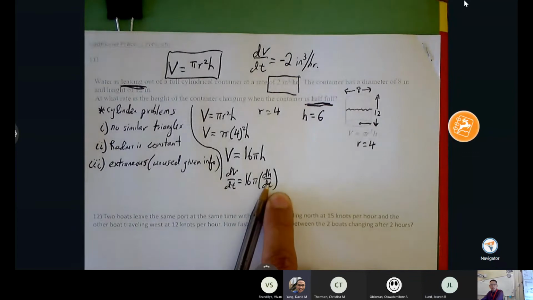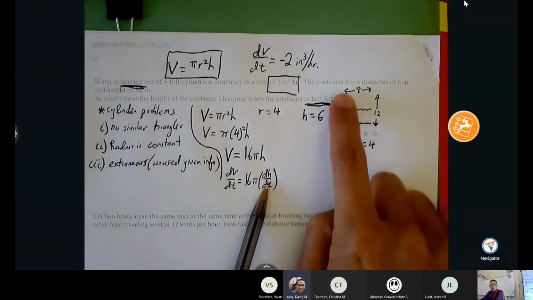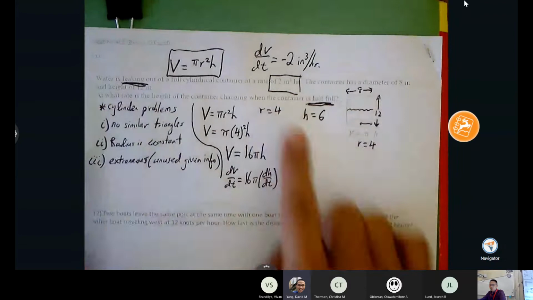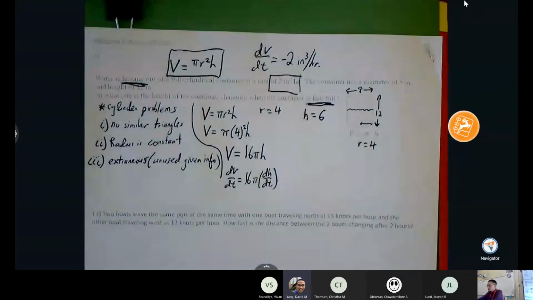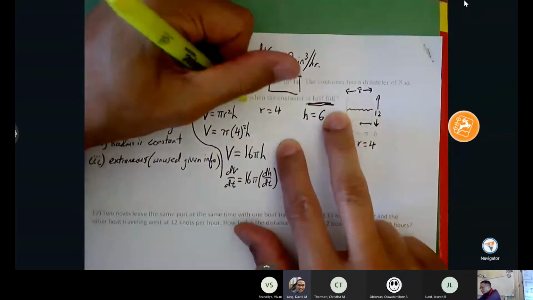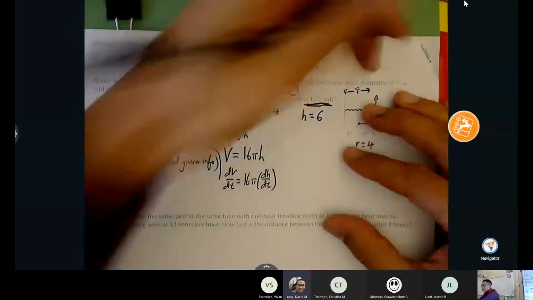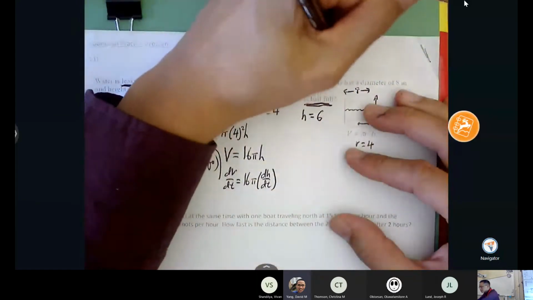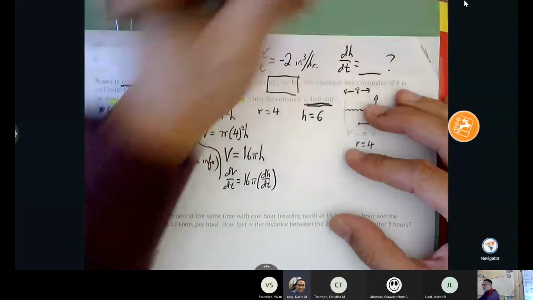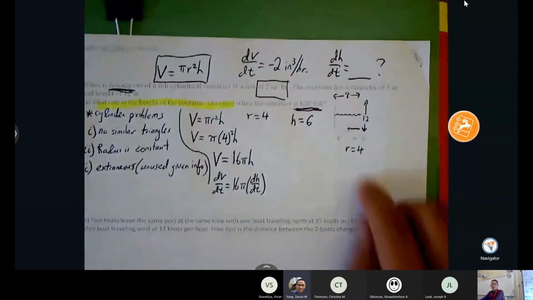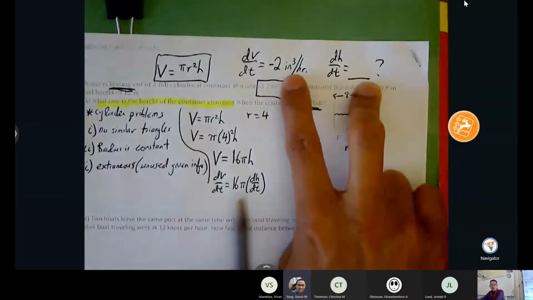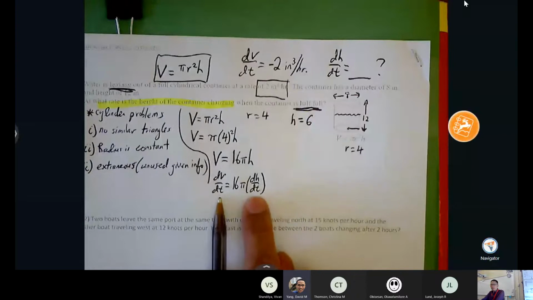We're trying to find dh/dt. Oh, it says here, sorry, at what rate is the height of the container changing? So I forgot to indicate that is what we're looking for. All right, that's our goal, right? We're trying to find dh/dt. We have dV/dt, so I think we have everything that we need to get the information that the problem is asking for.